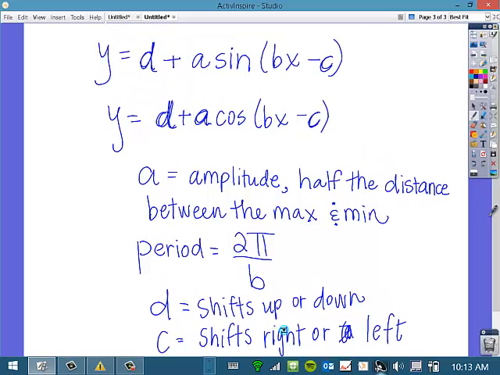So D shifts our function up or down. C shifts our function to the right or to the left. We use b to help us find the period by dividing 2 pi by b, and then a is our amplitude, half the distance from the min to the max.